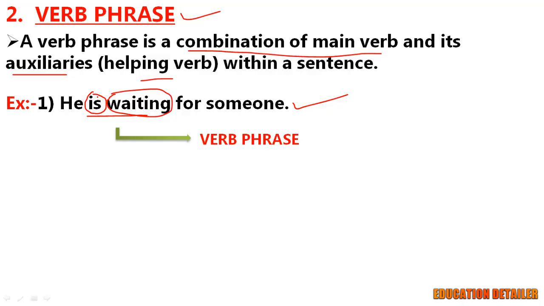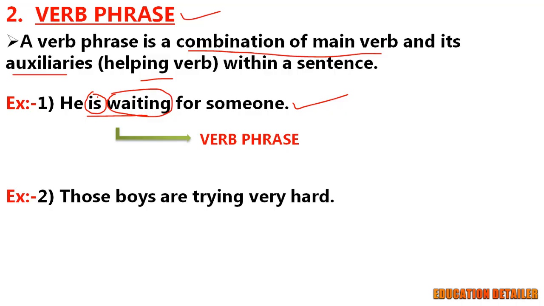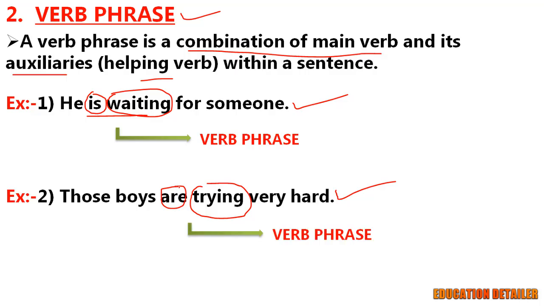So, it is simply called a verb phrase. Same in the second example also, those boys are trying very hard. Here, the main verb try combines with the helping verb are and forms a verb phrase.